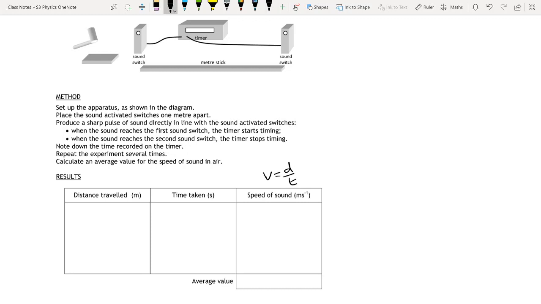The time will probably be in milliseconds, so times 10 to the minus 3 or divide by 1,000. The first one we'll do is the 1 meter because it's easier that way. So 2.97 milliseconds. Distance travelled 1 meter, time taken 2.97 times 10 to the minus 3 seconds.